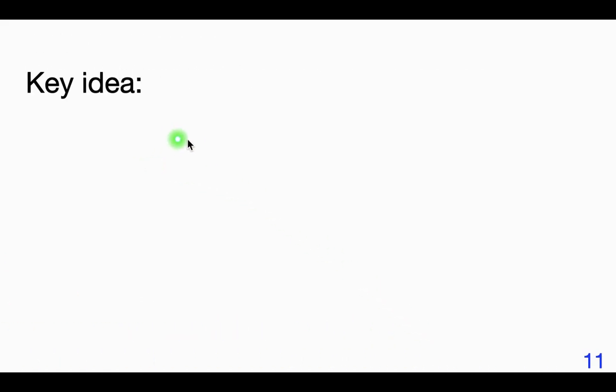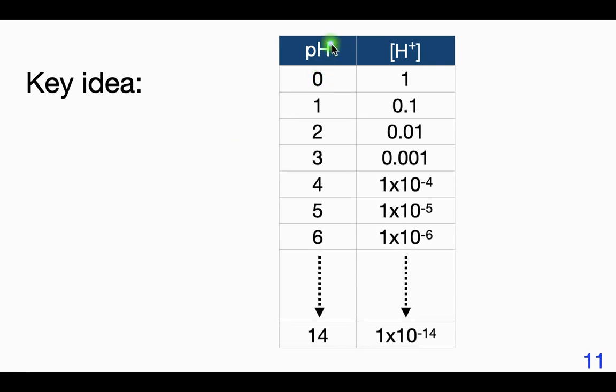Now the key idea of all this is when we look at the pH scale and its relationship with the hydrogen ion concentration. Remember, the hydrogen ion concentration is molarity. You can see that every time we go up a digit in pH, from 0 to 1 to 2 to 3, the hydrogen ion concentration goes down by a factor of 10.